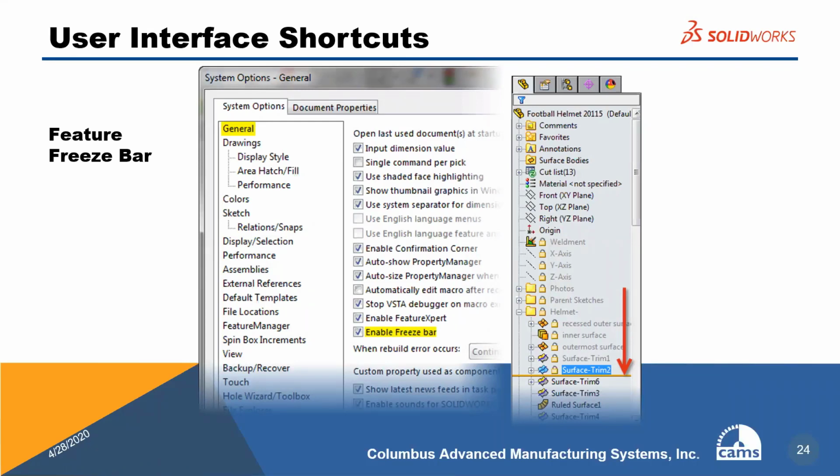And when you turn on the freeze bar, that appears in this particular case at the very top of the design tree. You drag it down with the left click to the point at which everything north of that, everything above that is complete, works fine, doesn't need to be rebuilt. And then only the things that are south of there, the things that you just recently did perhaps, are going to get rebuilt. This is a great time saver for painfully complex models.